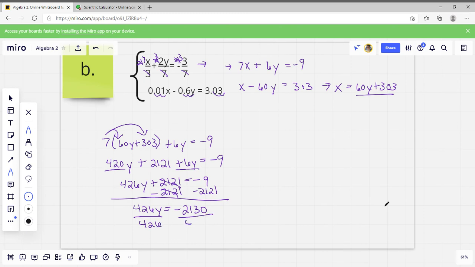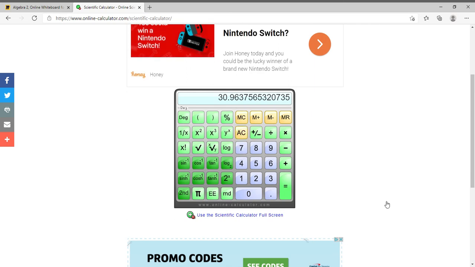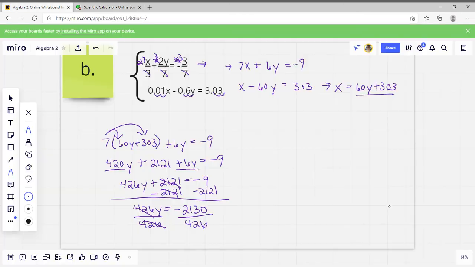Okay, 2130 divided by 426, and that's negative. So y equals negative 5.